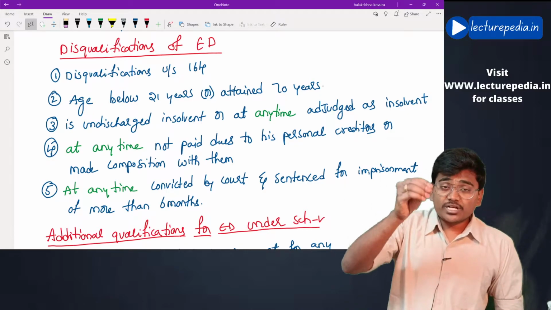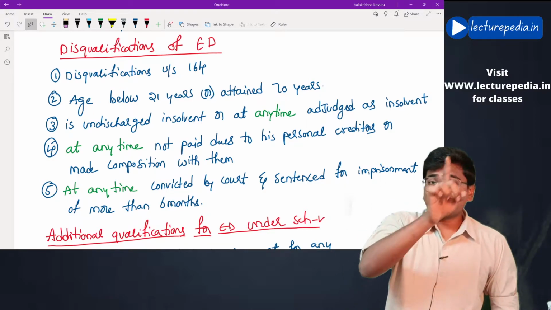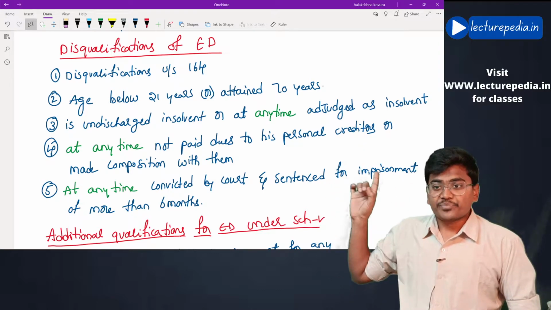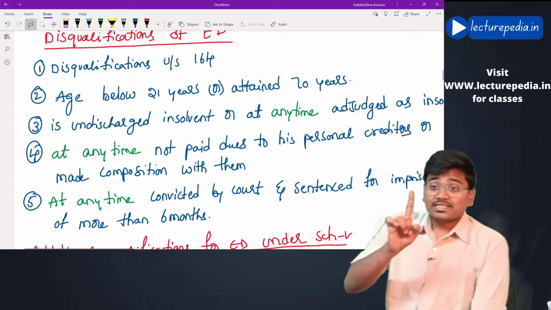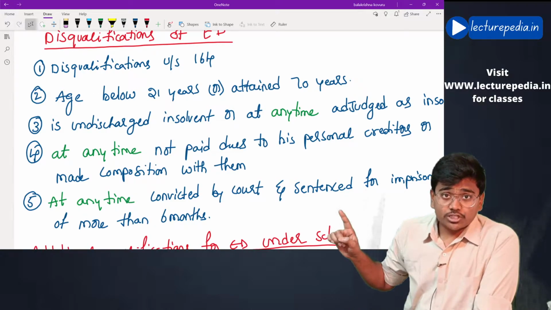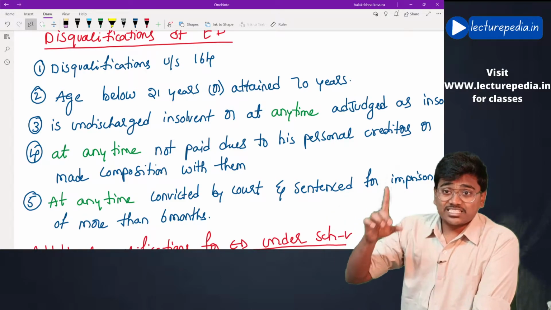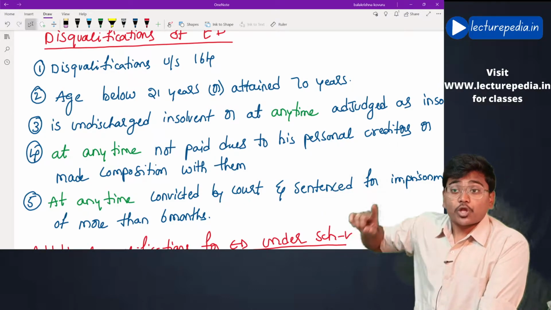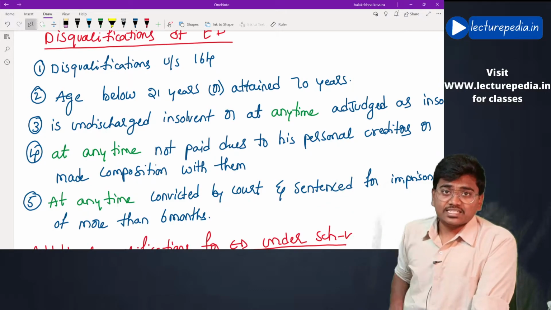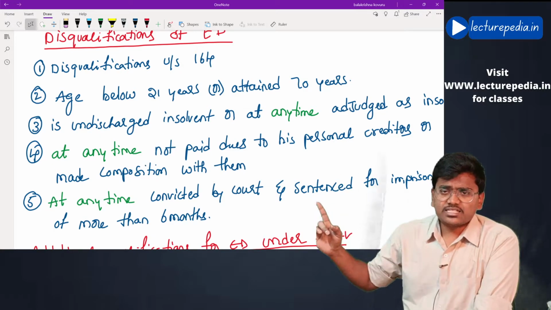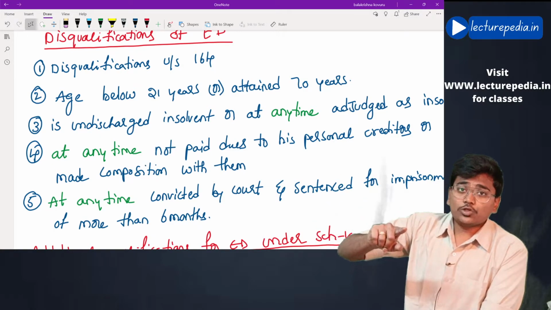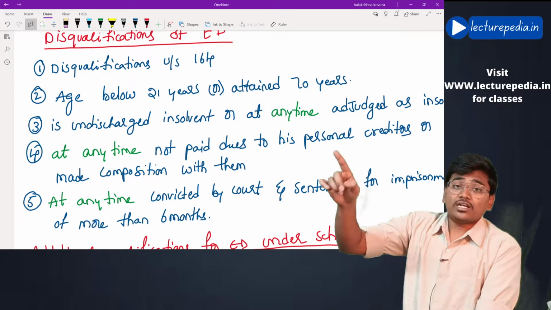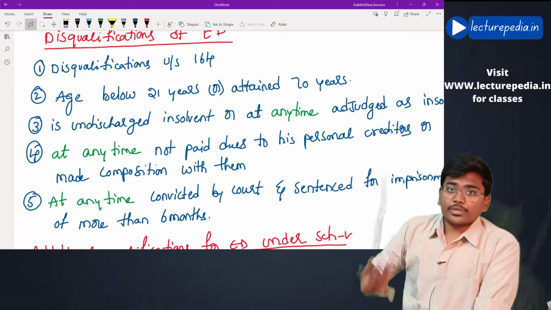Thereby, if a person possesses disqualifications under section 164, then he cannot be appointed as executive director. Next, the age of the person whom you are going to appoint as executive director must not be below 21 years or attained 70 years. If at all he attained 70 years, then you will be requiring to pass general meeting special resolution or general meeting ordinary resolution and central government approval.